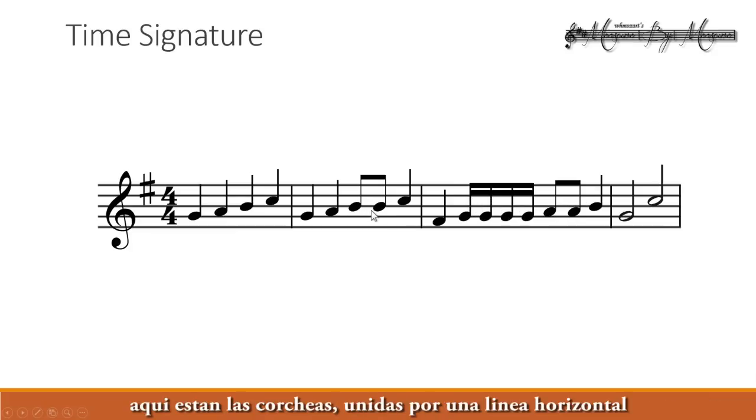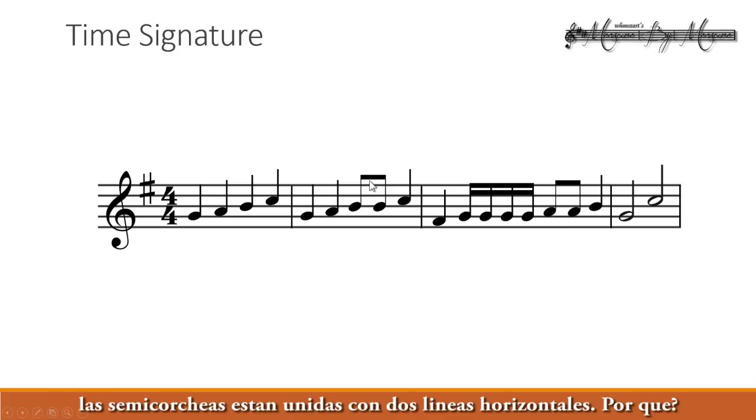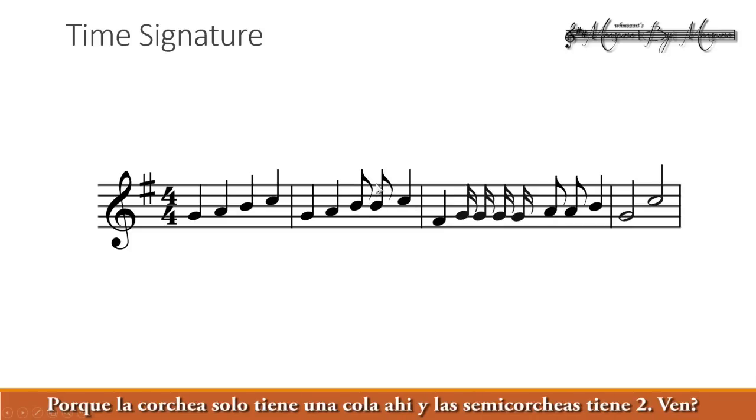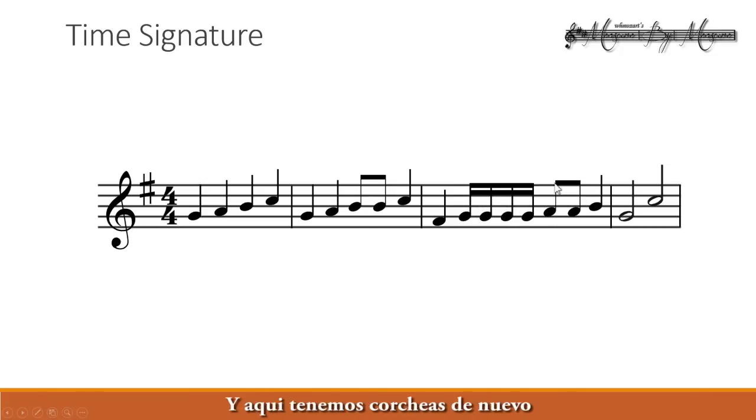Here are the 8th notes. They're joined by a horizontal line, and the 16th notes, all 4 of them, are joined with 2 horizontal lines. Why? Because the 8th note has only 1 stem right there, and the 16th has 2. See? And then here we have 8th notes again. So you will see music written this way.